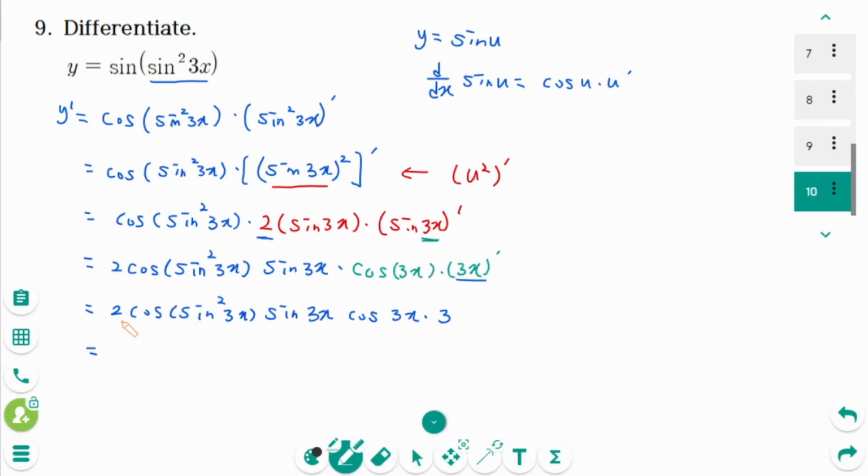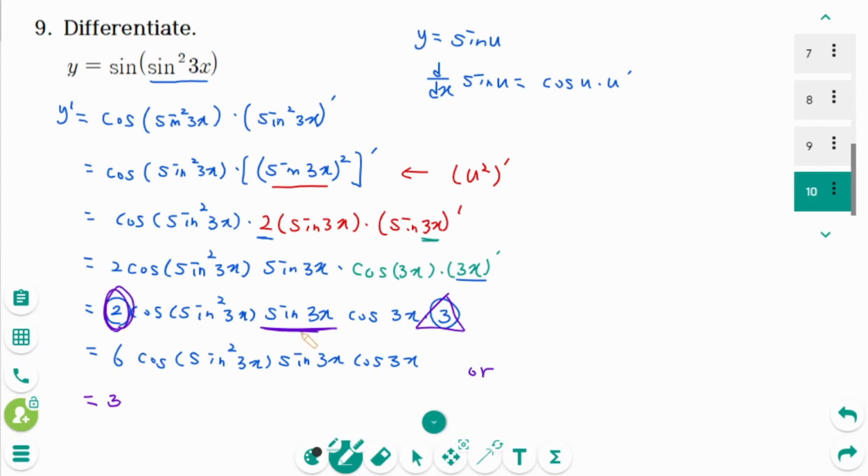The final answer is 6 cosine of sine squared 3x times sine 3x cosine 3x, or just 3 times 2 sine 3x cosine 3x, which means sine 6x, then cosine of sine squared 3x.